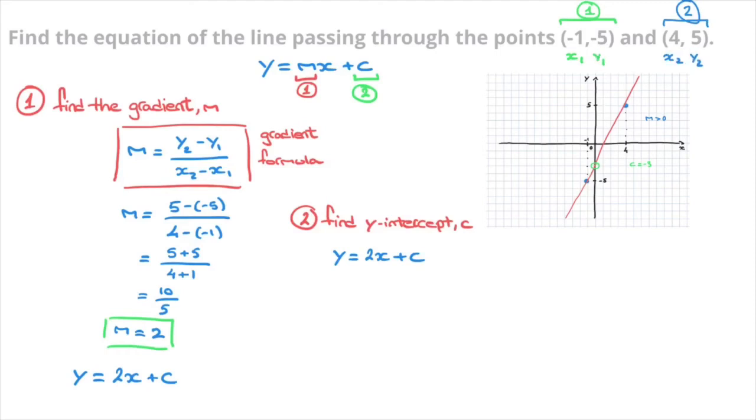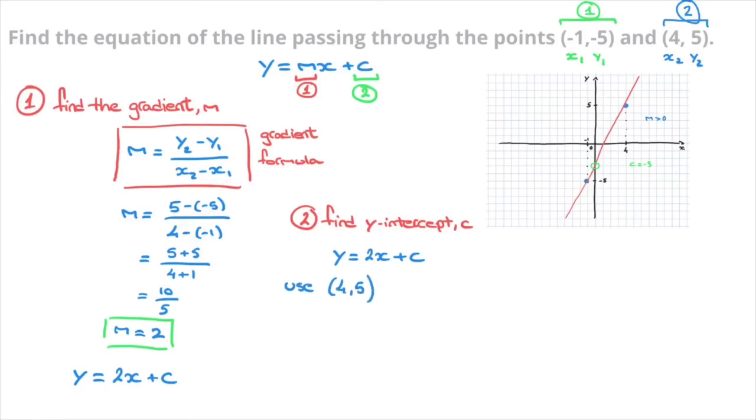Well, looking at these, we have -1 and -5, or 4 and 5. To avoid sign errors, if possible, I tend to always take points which have positive coordinates. So in this case, that would be the point with coordinates 4 and 5. So I'll choose that one, and I'll write use 4 and 5.